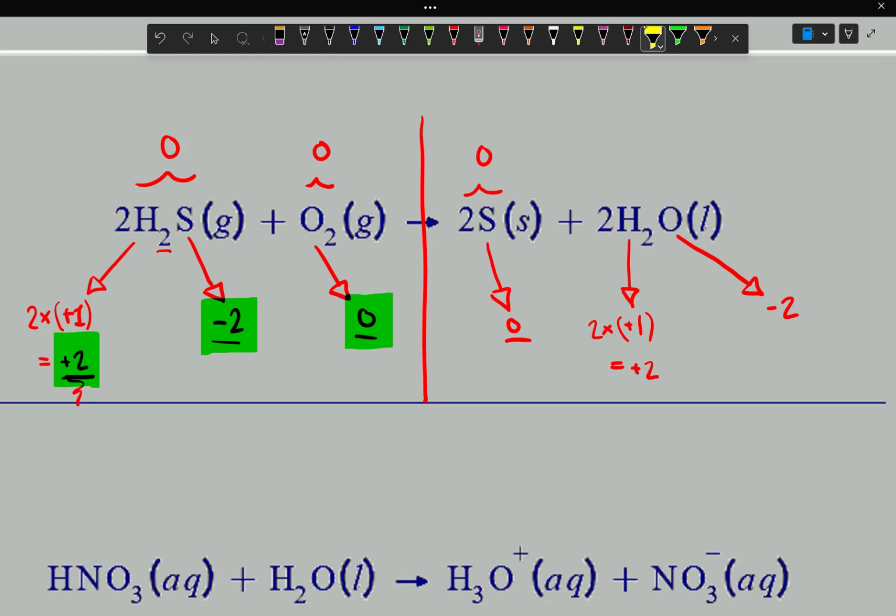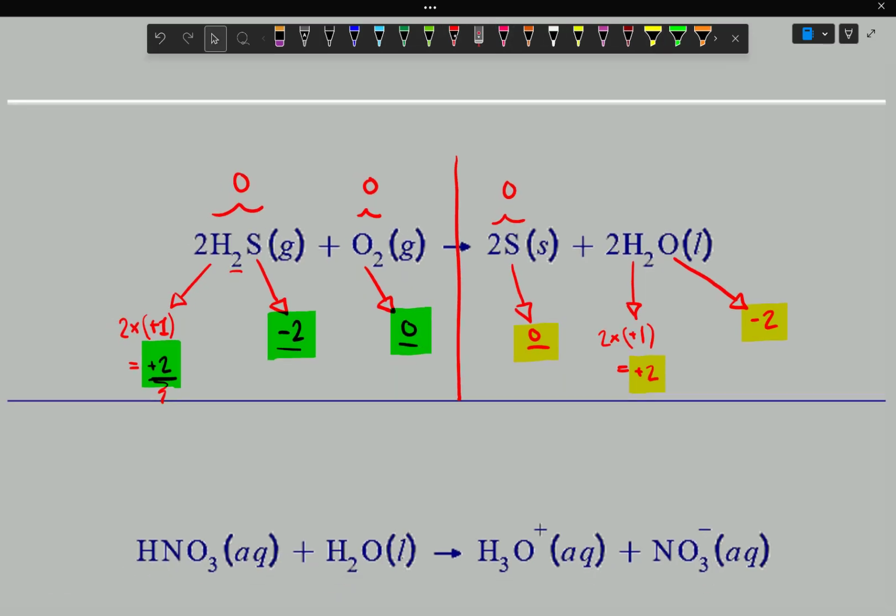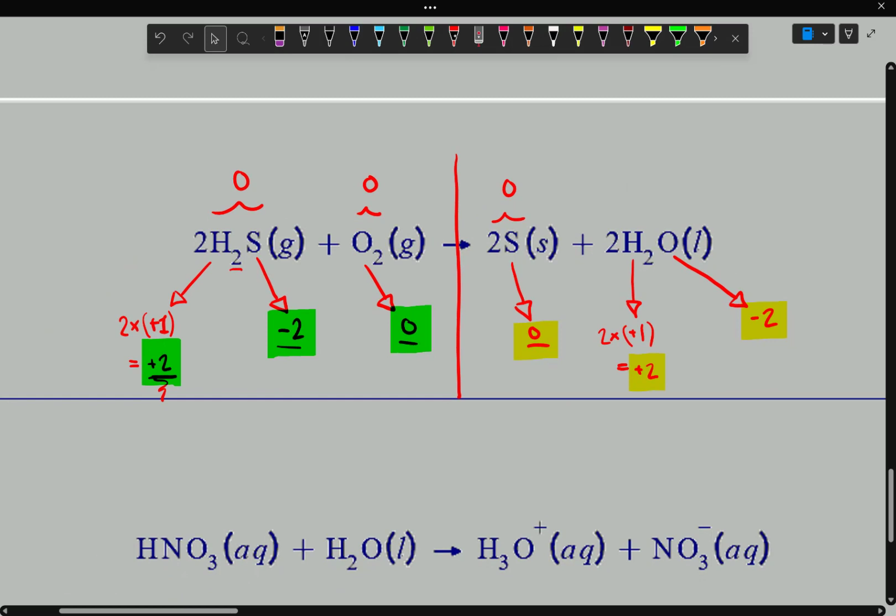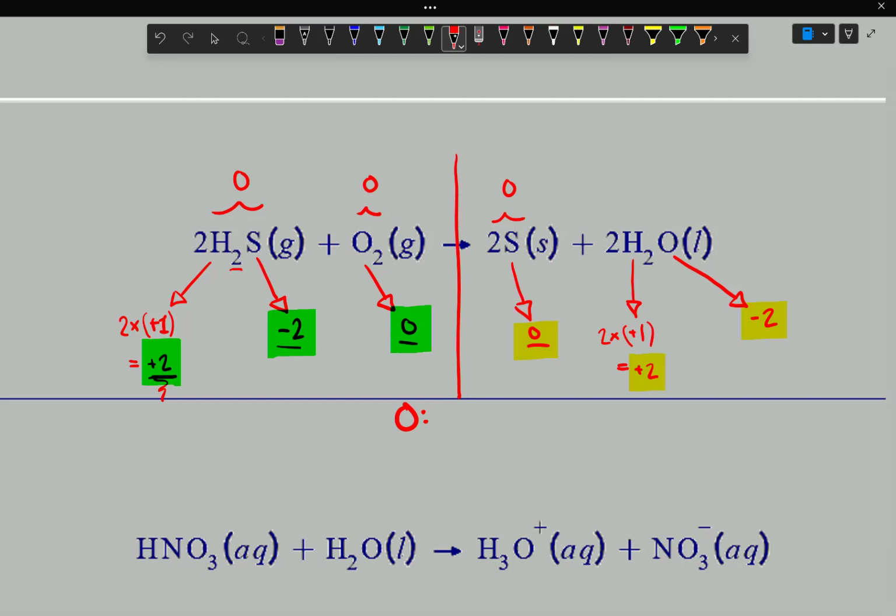On the right side, we have a 0 for the sulfur, a +2 for the hydrogen, and a -2 for the oxygen. So notice that our oxygen is going from a state of 0 on the left to a state of -2 on the right.